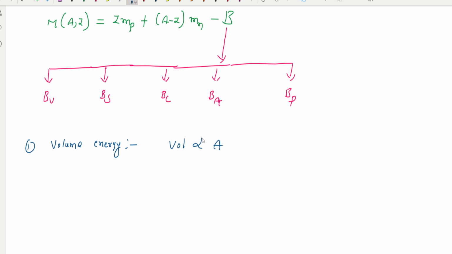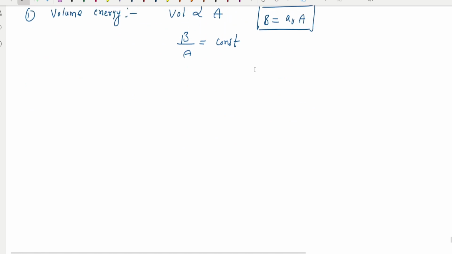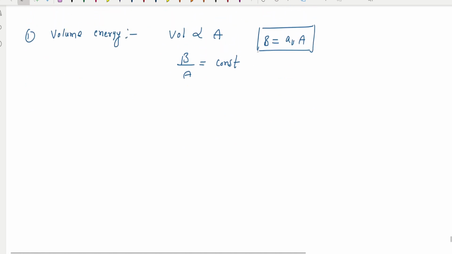Then B divided by A equal to a constant. B equal to A_V into A. So this is the first step. I'm not giving step-by-step derivation here, just bullet points.